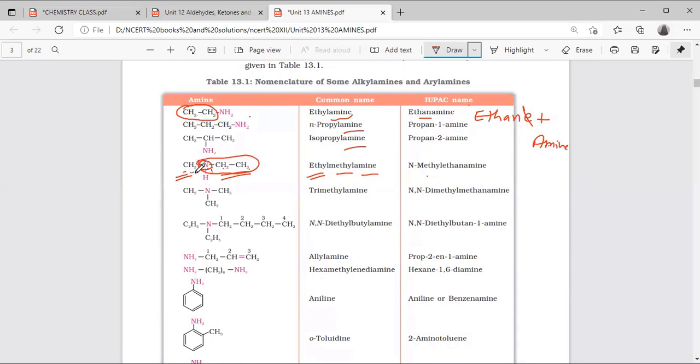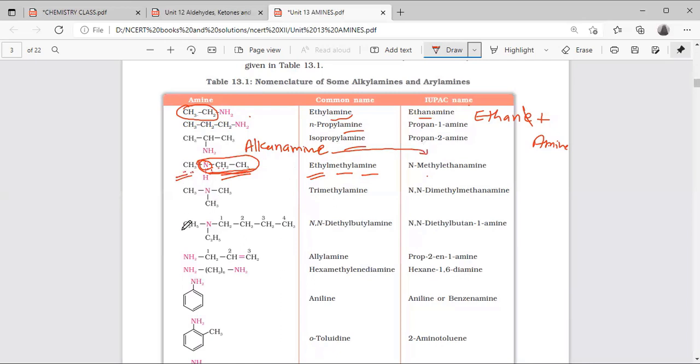In the common name, one ethyl is there, one methyl is there: ethyl methyl amine. But in IUPAC, the long chain we take along with the nitrogen. The name is alkanamine. Alkane plus amine, alkanamine, in IUPAC.